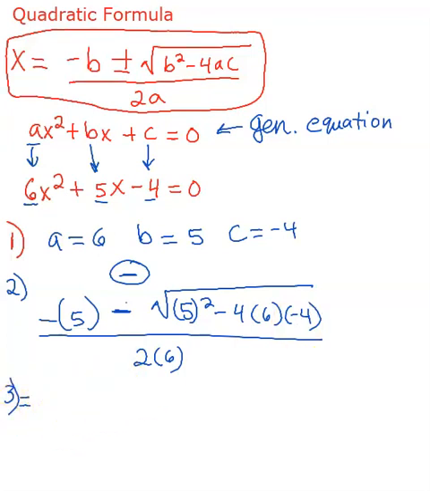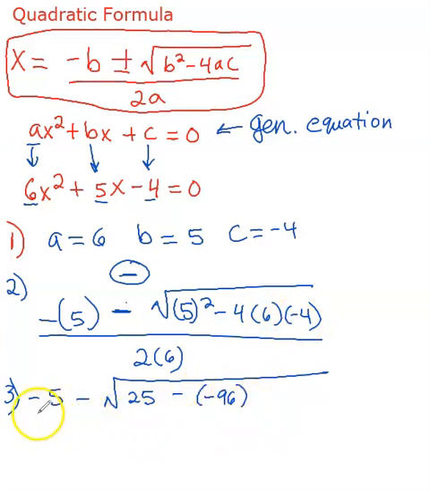So rewriting this, it'll be negative 5 minus the square root of 5 squared is 25. Minus 4 times 6 times negative 4. That'll be negative 96. Okay. All this is over 2 times 6, which is 12. Okay. That's step 3. Now, step 4, I'm going to do it the next page.